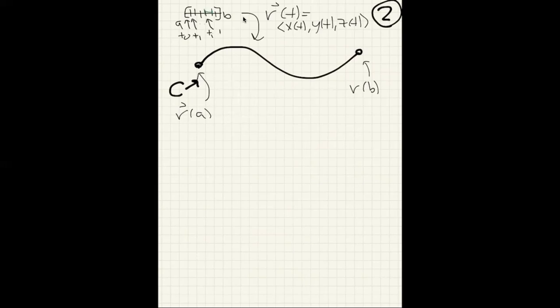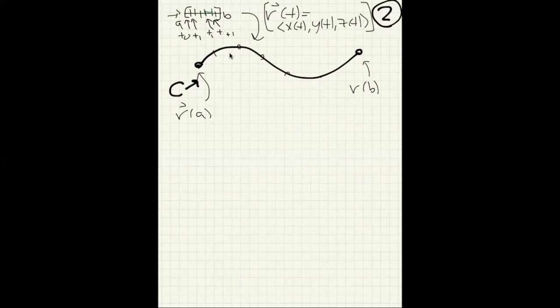Ti plus 1. These are little time slots in the domain of the parameterization. So they're t values between A and B. And all these little ticks in that interval get mapped to different spots on the curve.